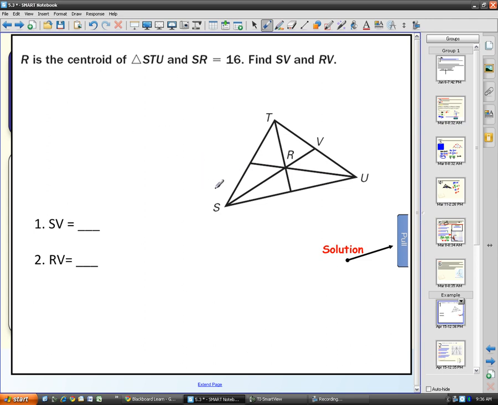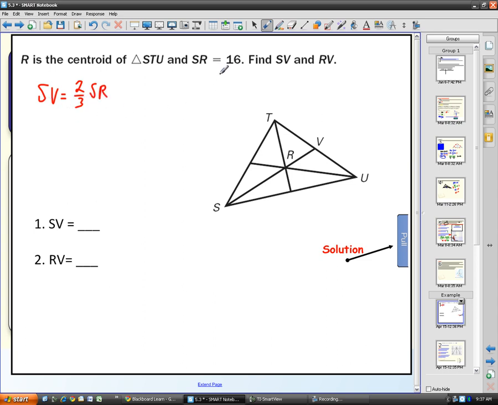Pause it if you want to, but RS is 16, and I know that that's the longer side of my median, so that means it's 2/3 the length of SV. Oops, I did that backwards, didn't I?